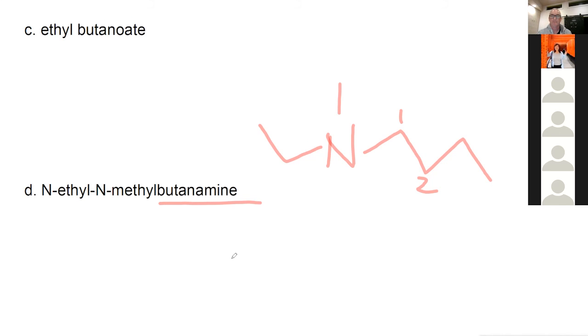Okay? I have a question. For the structural for the ethyl butanoate, should we have put the lone pairs for the ester? No, you don't include lone pairs in the structural. Not really, it's not really required, but for the amine, you do need to have it.